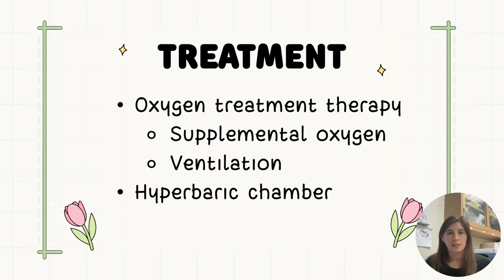Thankfully, there is some treatment: oxygen therapy, supplemental oxygen, ventilation, and hyperbaric chambers. However, to add insult to injury, reoxygenation and reperfusion following periods of hypoxia generate partially reduced oxygen species, which can further oxidize proteins and nucleic acids and cause further inflammation, sometimes even leading to apoptosis or cell death.